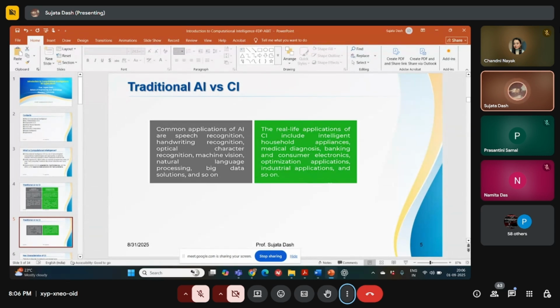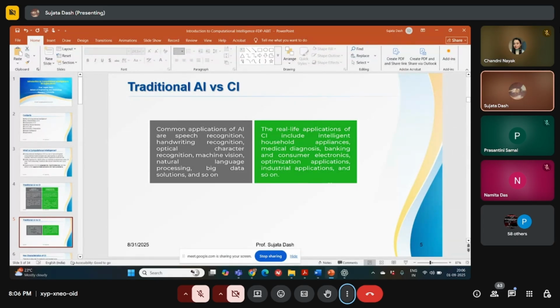Second is medical diagnosis. Systems that use fuzzy logic and neural networks to assist doctors in detecting diseases early and recommending treatments. So, early detection and also recommendation of the treatment can be done using this computational intelligence technique.